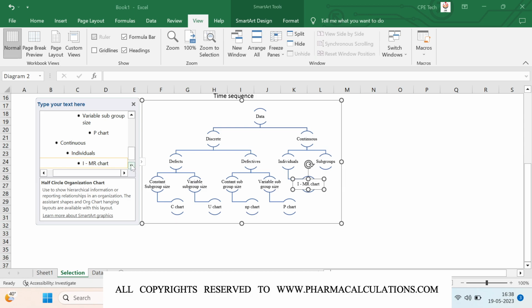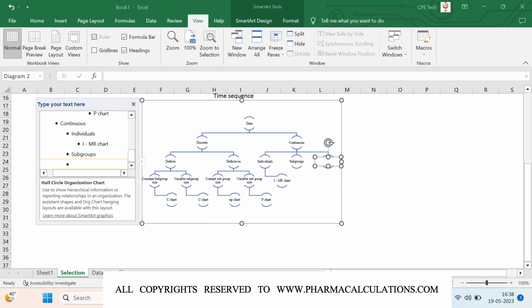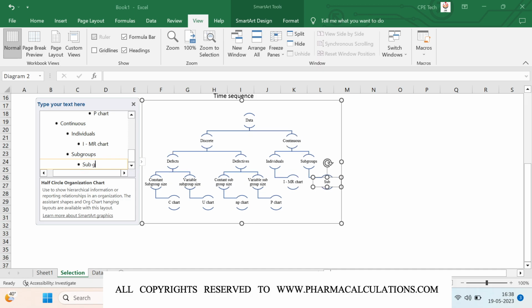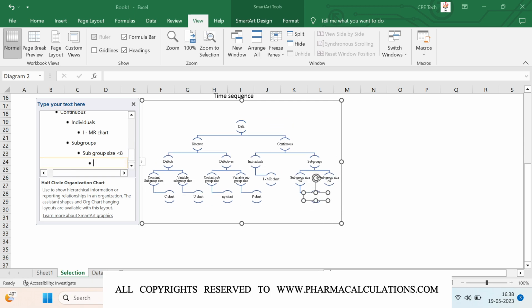And coming to subgroups, if the subgroup size is less than 8, then you can use the X bar R chart.